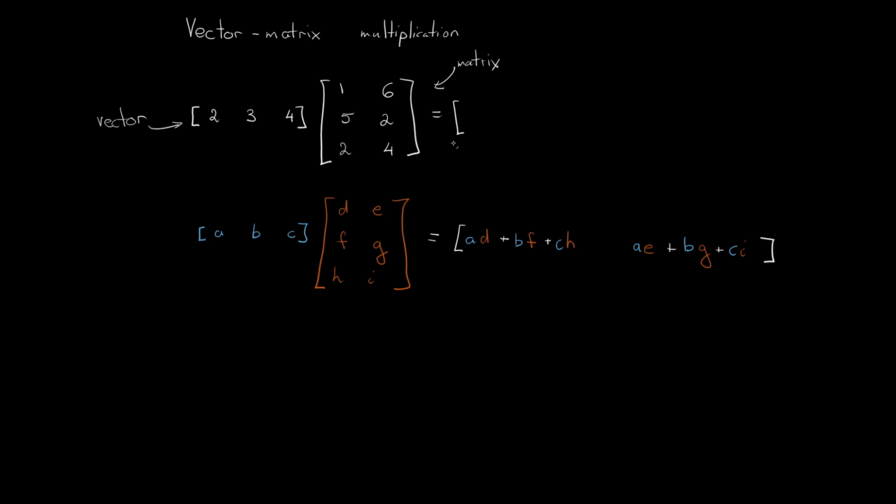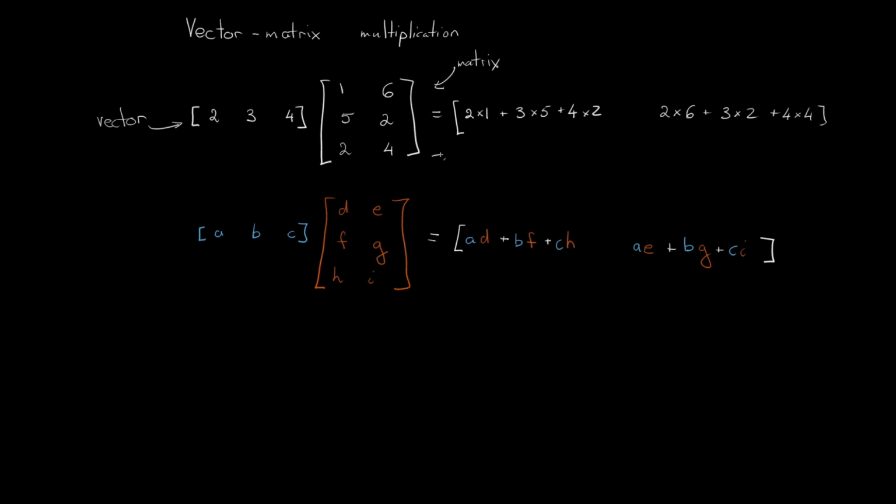Okay, so by this logic, the way we would compute this thing right here, we would do 2 times 1 plus 3 times 5 plus 4 times 2. So that's for the first element. And then for the second element, we're going to have 2 times 6 plus 3 times 2 plus 4 times 4.